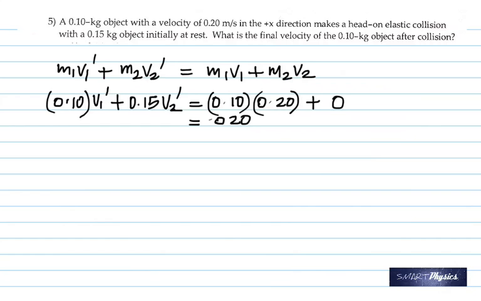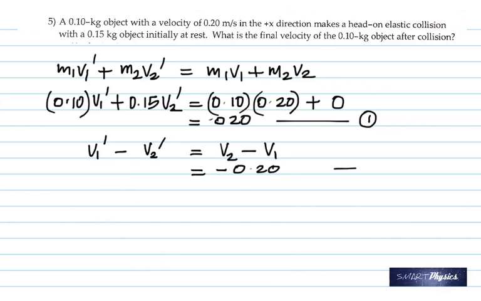And since the second object is initially at rest, that is why this term becomes 0, because the velocity is 0. So that's our equation 1, and because it's an elastic collision, we can use this equation like we did before. And once again, remember that V2 is 0 here, so there's nothing there. That's why you have negative V1.